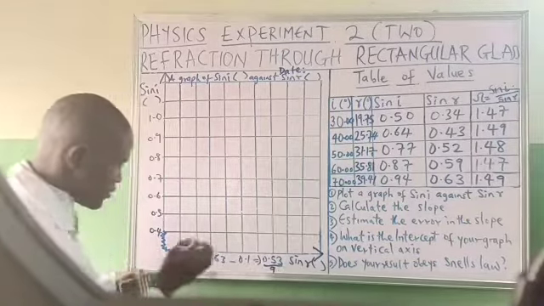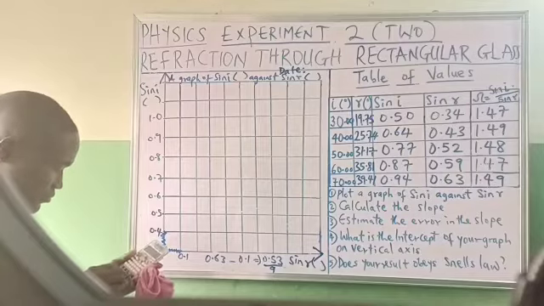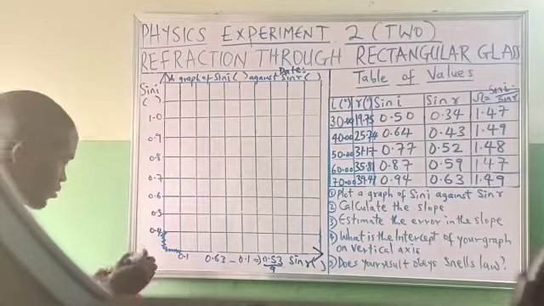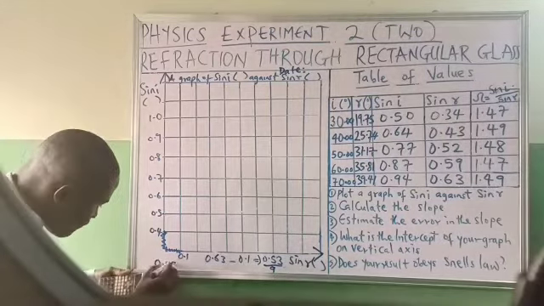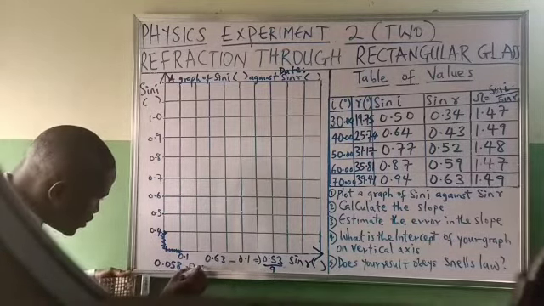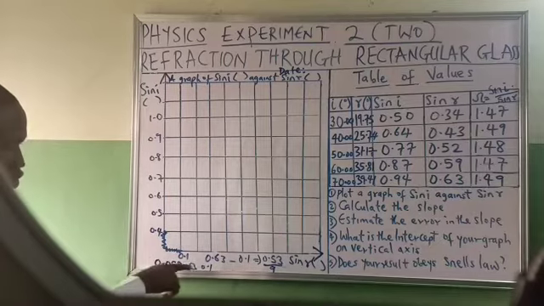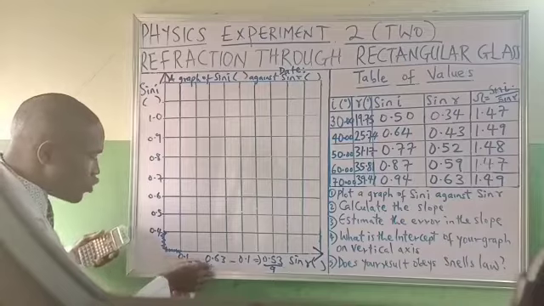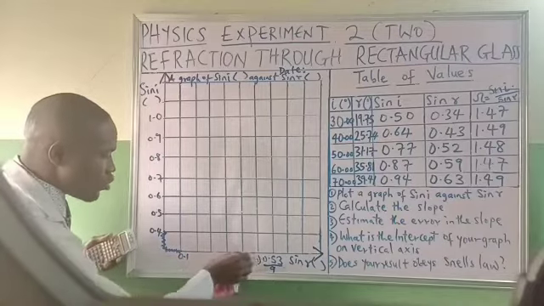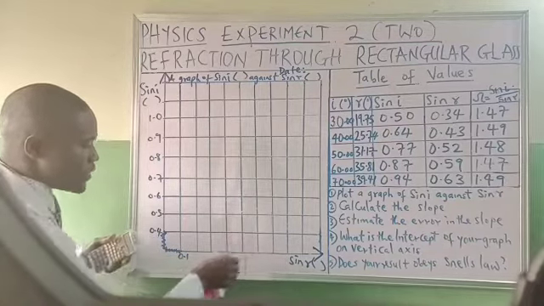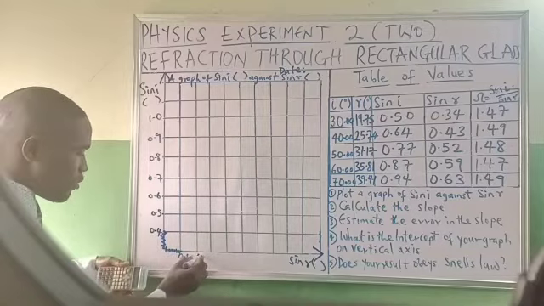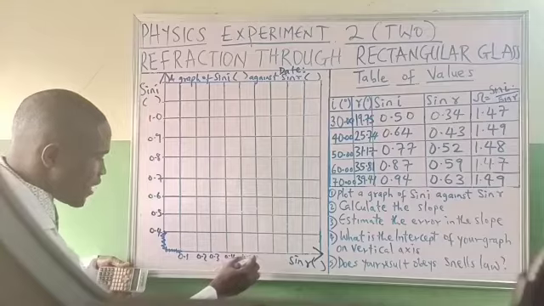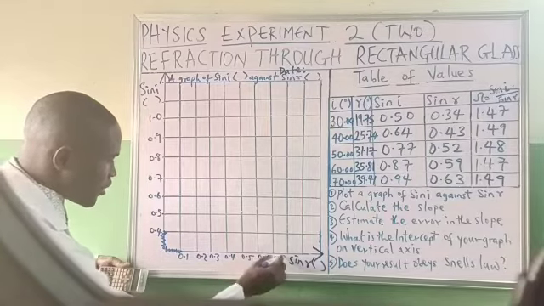Divided by 9. 0.53 divided by 9 will be giving me 0.058, approximately 0.1 to 1 decimal place. So that means I am to use the interval of 0.1 to represent my horizontal axis. Here will be 0.2, 0.3, 0.4, 0.5, 0.6, 0.7.